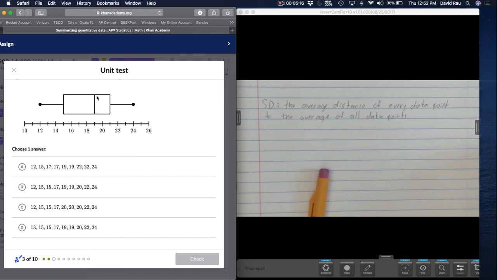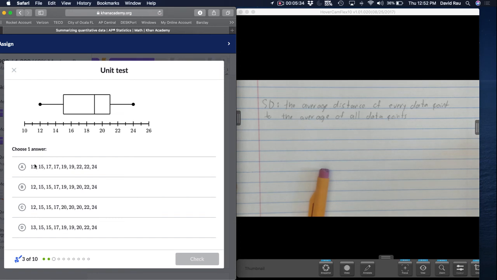The median is the middle data point, and Q1 and Q3 are like the middle of the middle and the upper middle of the middle. In other words, this is 25%, 50%, 75% of all the data.